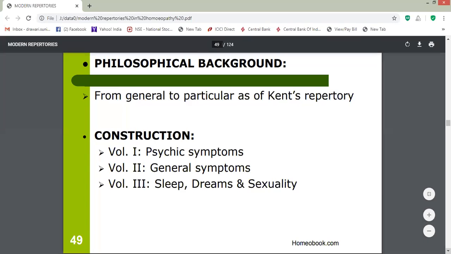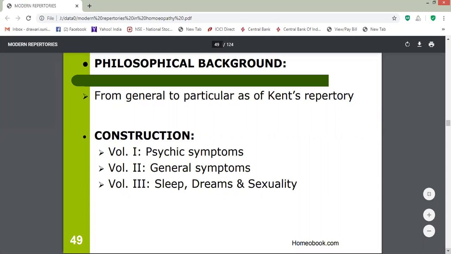This means, as there is a collection of data from the work of 16 different authors, these authors have been numbered, and from whose work that symptom or that rubric, sub-rubric or sub-sub-rubric was taken, it was denoted with the number given to that author.